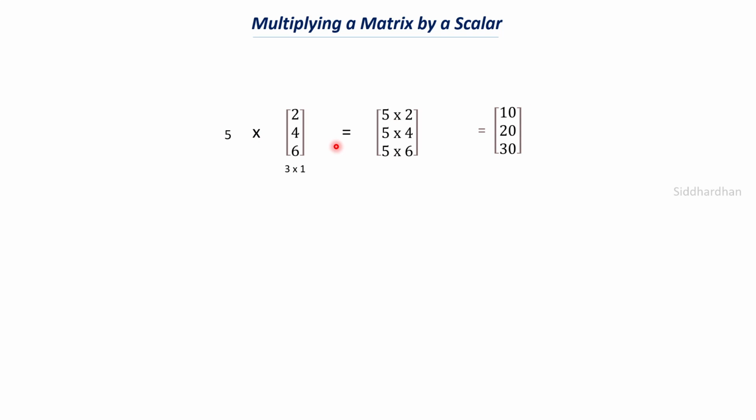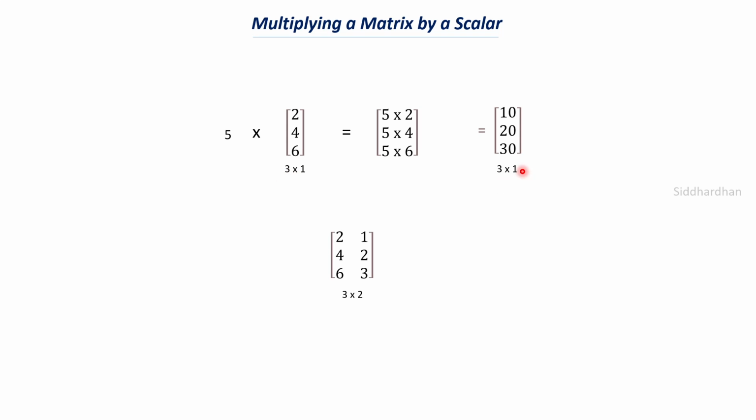So this is simply magnifying a matrix by a factor. Here we are just magnifying a matrix by a factor of 5, increasing the value of a matrix. And this is how we can multiply a matrix by a scalar. This is a 3 cross 1 matrix, and the resultant matrix will also contain the same shape, which is 3 cross 1.